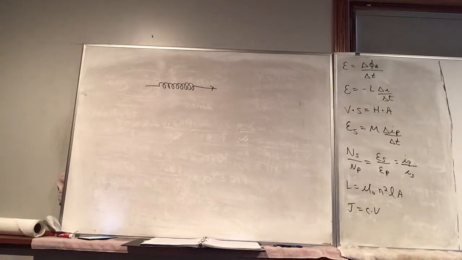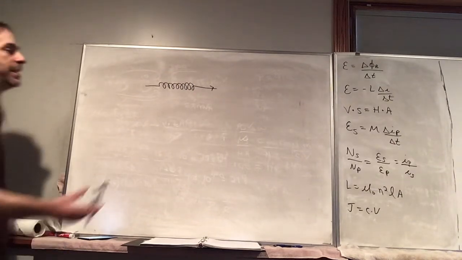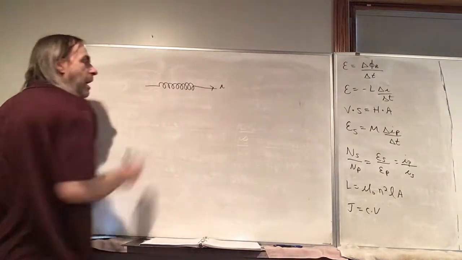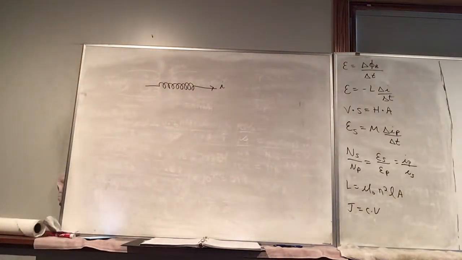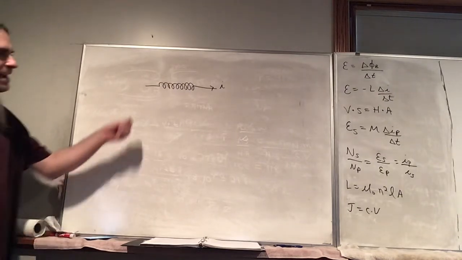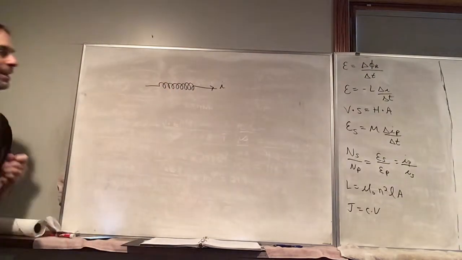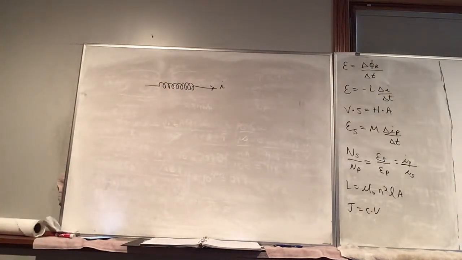And so, in order to build up a current, or say we already have a current, if we want to increase the current, the solenoid is going to respond with this back EMF. And so, to build up a current, we're going to have to put some energy into it. And we interpret that energy as being stored in the solenoid itself.